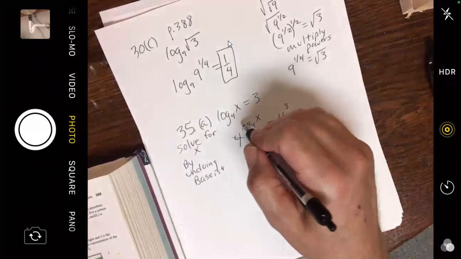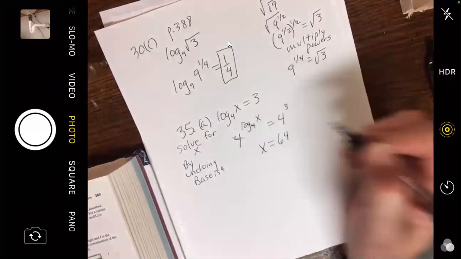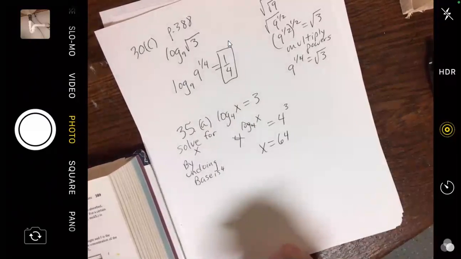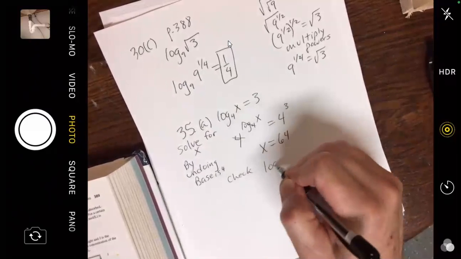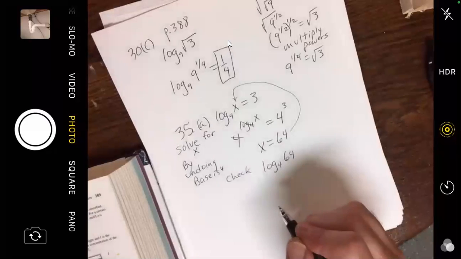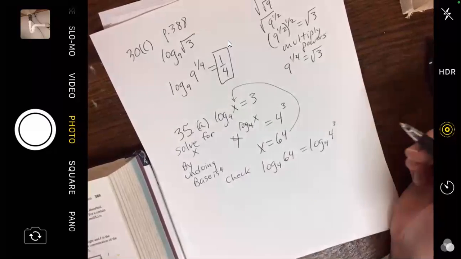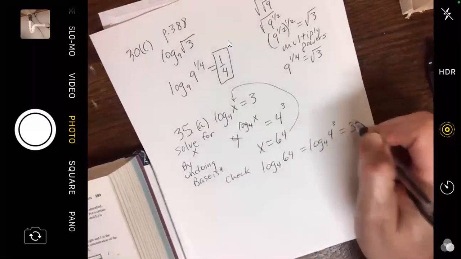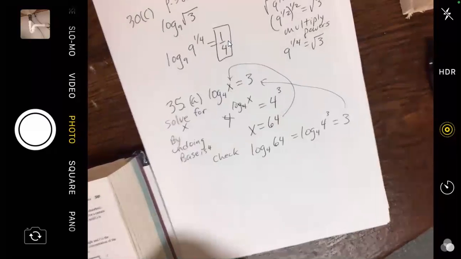These would undo. 4 to the third power, 64. You can almost check it in your head. Plug 64 back in here: log base 4 of 4 to the third power. And sure enough it is 3. That's the kind of thing they want you to do.